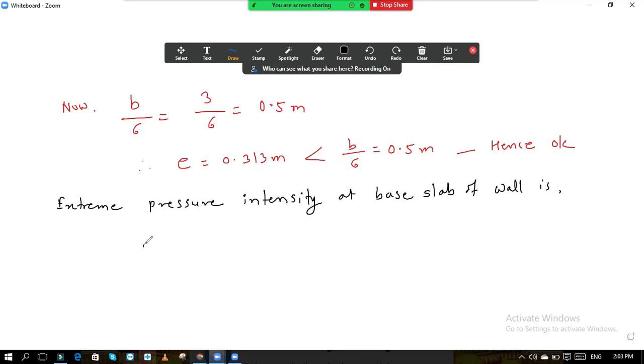It can be calculated as sigma is equal to W by B in bracket 1 plus minus 6 E by B. You know the formula. The plus minus sign is for sigma max and sigma minimum.